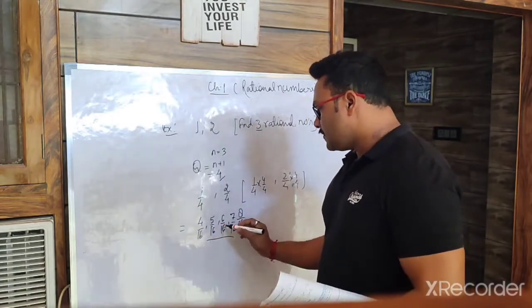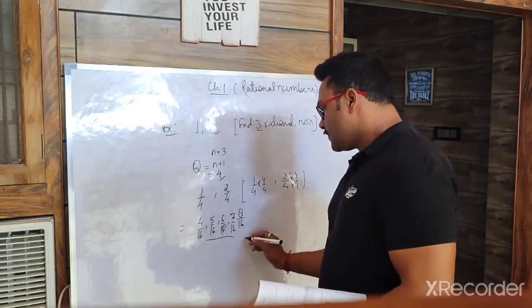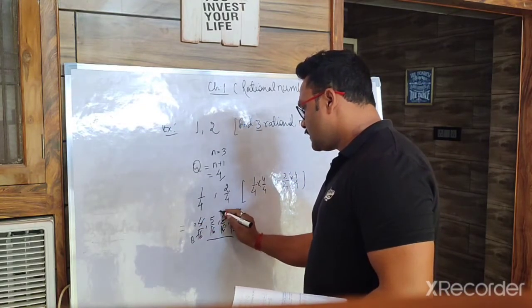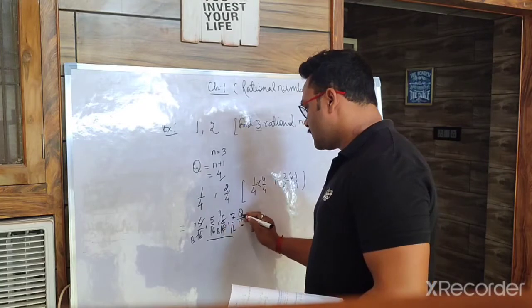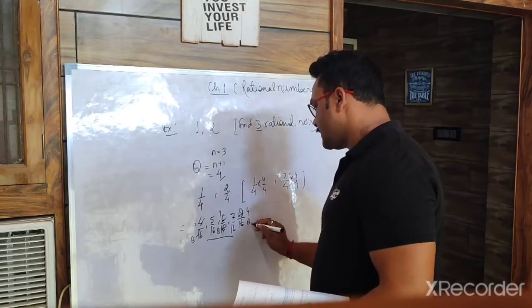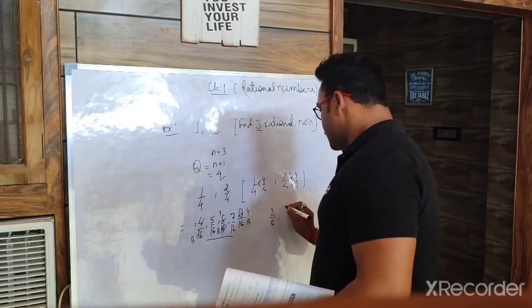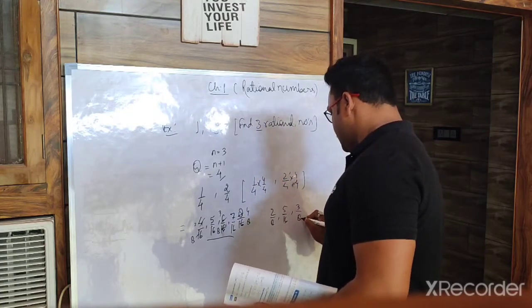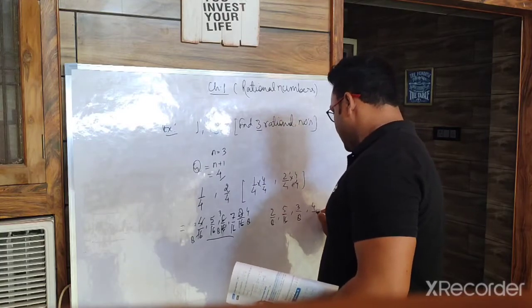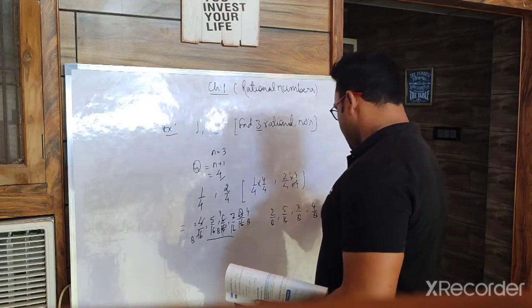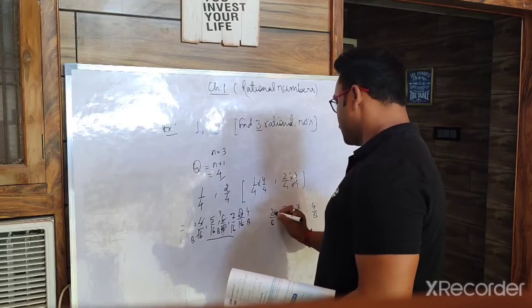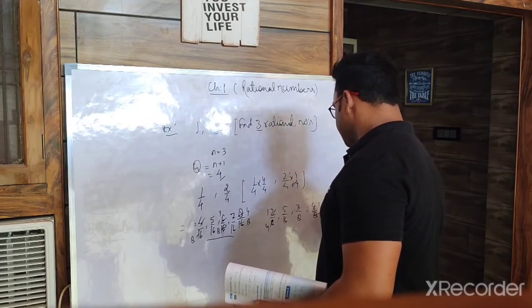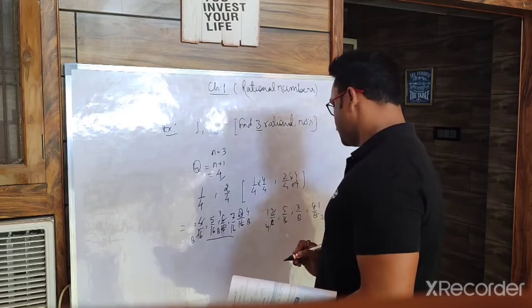If you want, you can reduce these also. 6 by 16 is 3 by 8, and 8 by 16 is 4 by 8, which further reduces to 1 by 2.